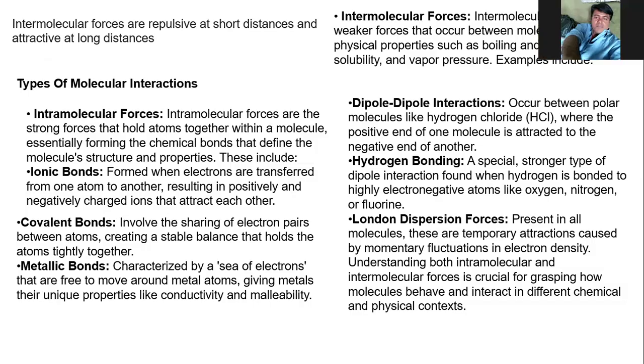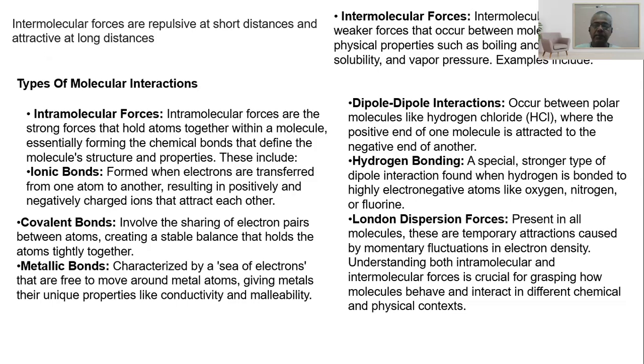And next is the intermolecular forces. What are the intermolecular forces? They are the weaker forces that occur between molecules, influencing physical properties such as boiling and melting points, solubility, and vaporization.